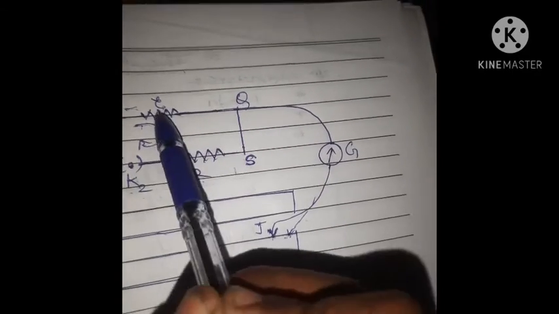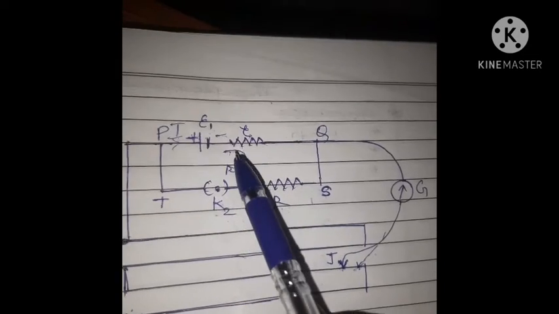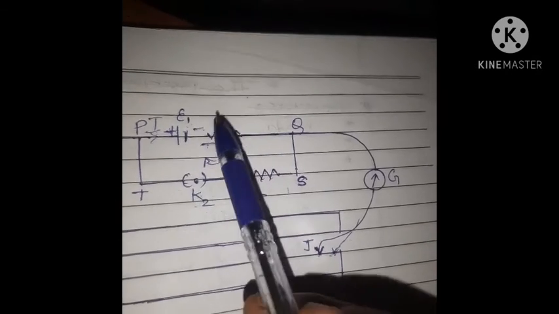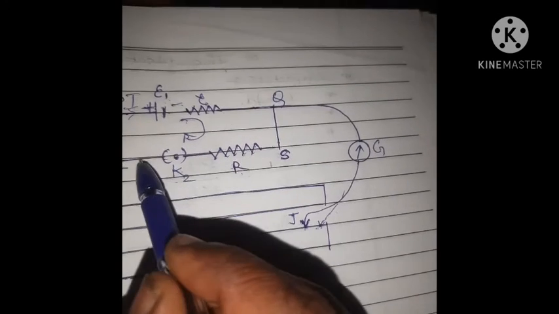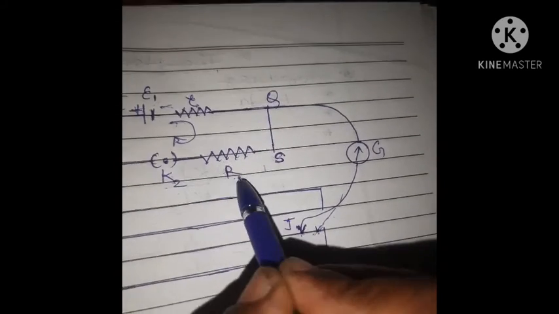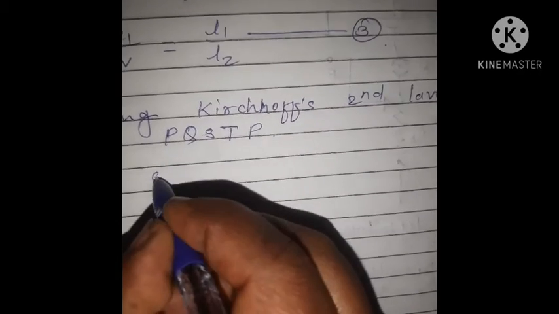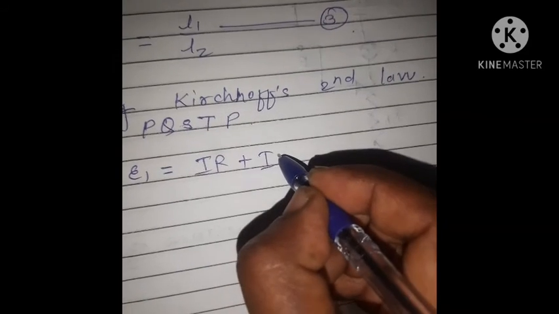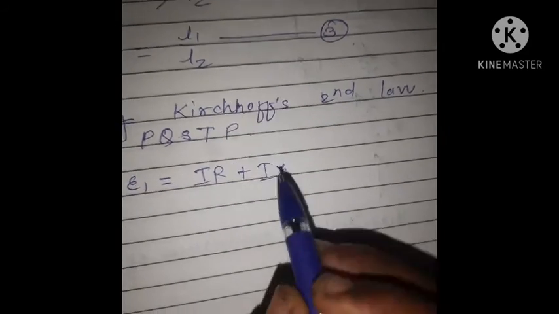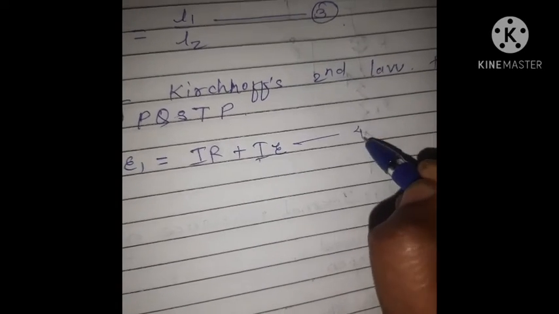Therefore I into R is also along the direction of the loop, so IR is also taken as negative. According to Kirchhoff's second law, we can write E1 is equal to IR plus I small r, where small r is the internal resistance. Suppose this is equation number 4.